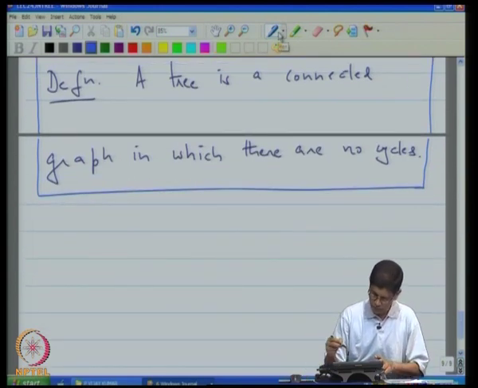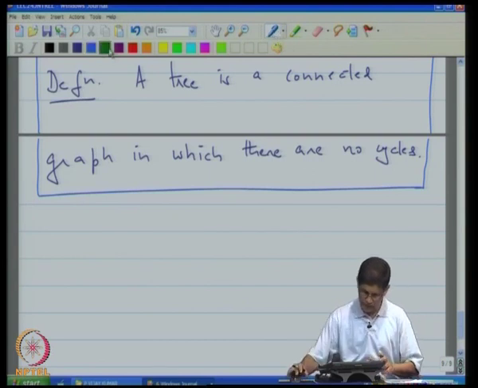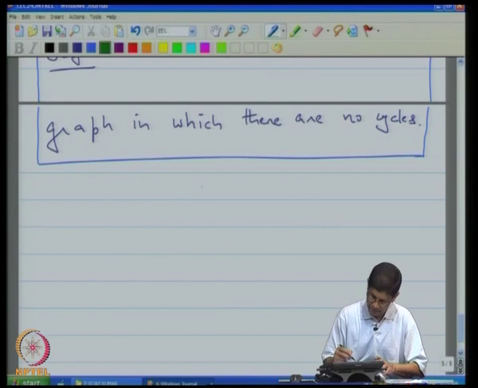And a generic example of a tree might be a graph that looks like this.